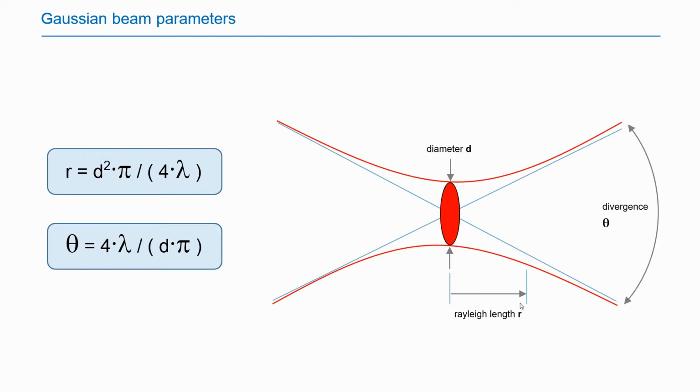The third parameter is called the Rayleigh length. So this central region of the beam where the two cones touch has some length to it. And inside of that length, you can think of the beam as being focused. Outside of the length of that beam, it is expanding.